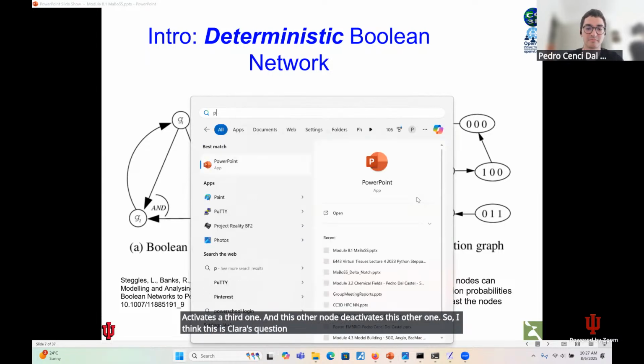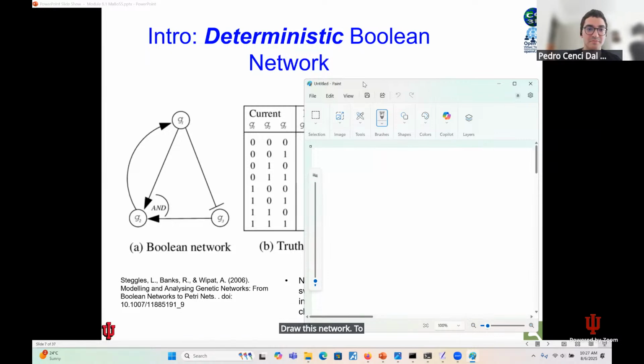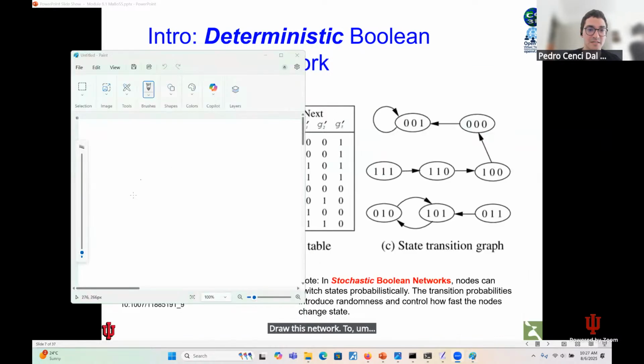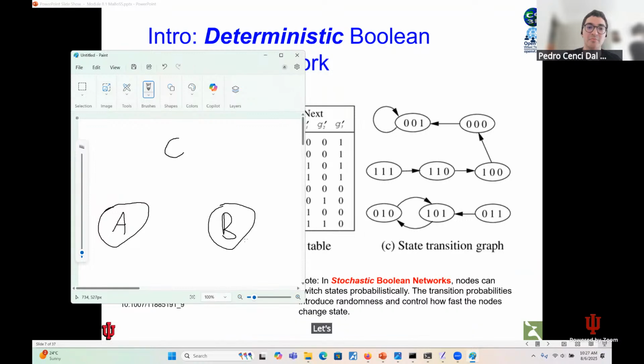Let me draw this network to make this example here. I have node A and node B and here node C. Let's suppose A and B are both true, so they have value 1. And C is, no, C is 0, for example. And then A activates C while B inhibits C. Then what happens? You have to solve that in the rules.